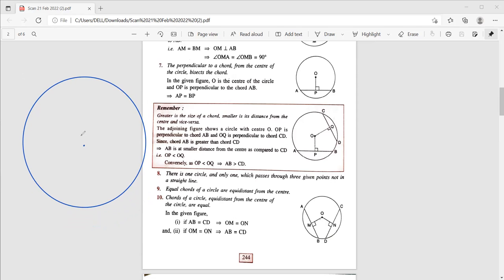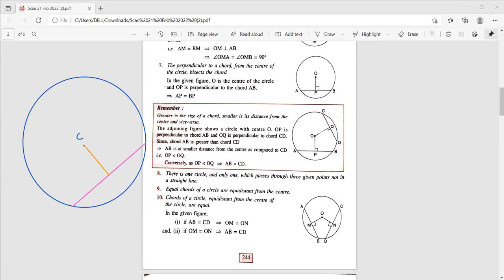Now I draw a chord here. This chord has some distance from the center, and that distance is this. It is the perpendicular distance.